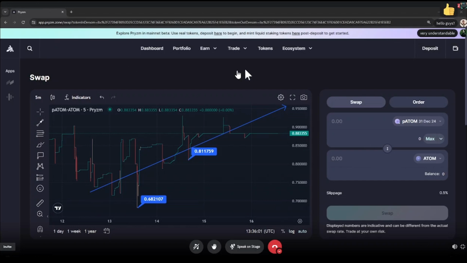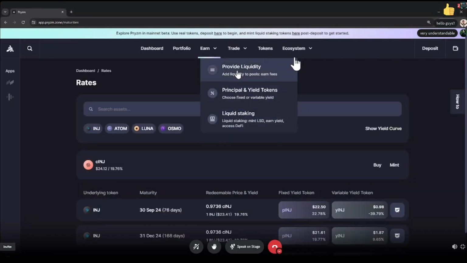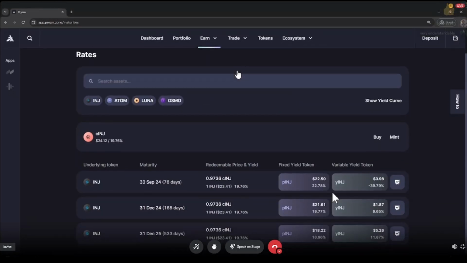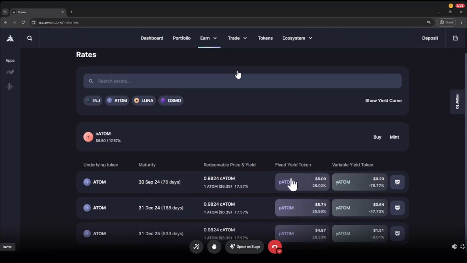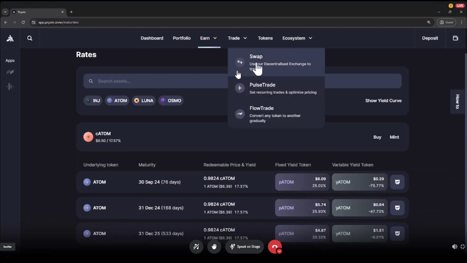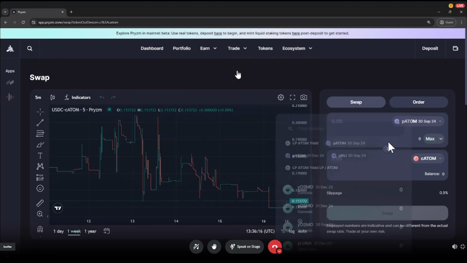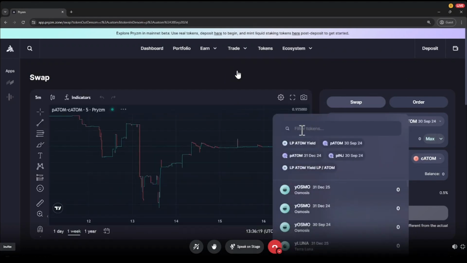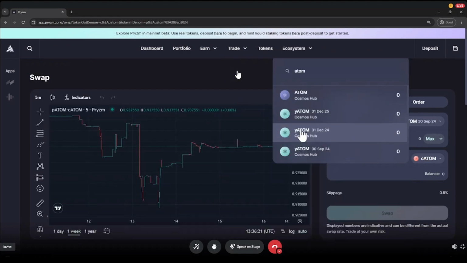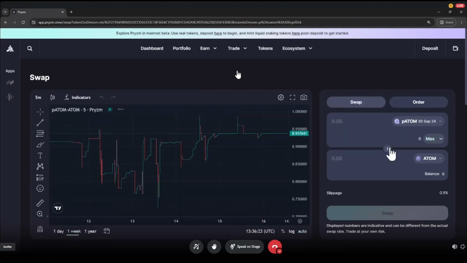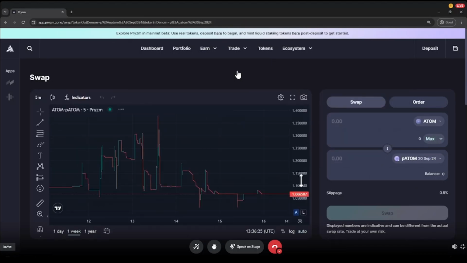But this is my go-to: go to the earn page, have a look, see which yields look interesting, and then go to the swap page and chart up the token versus the underlying asset, and see when looks like a good time to buy it or trade it.